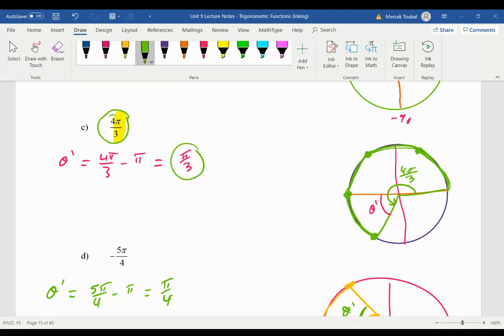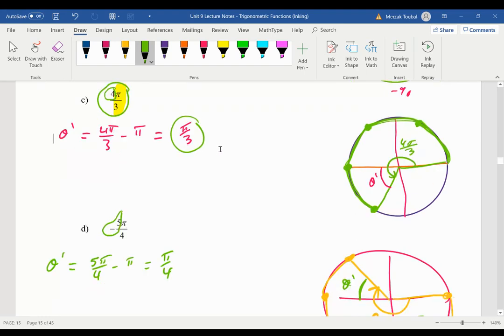It means you just ignore the coefficient on the numerator. If you ignore the coefficient, what's left is pi over 3. If you ignore the coefficient here, what's left is pi over 4. It will always work this way. You ignore the coefficient, whatever remains is your reference angle. So it's easier than when the angle is in degrees.